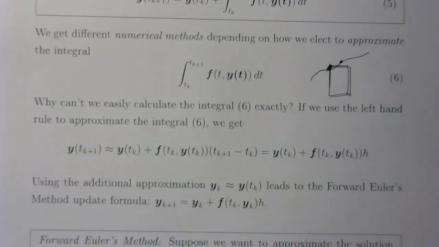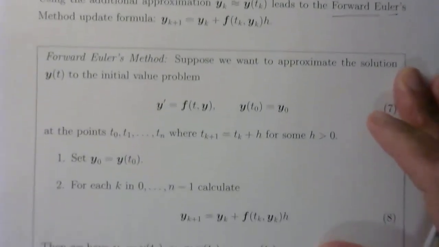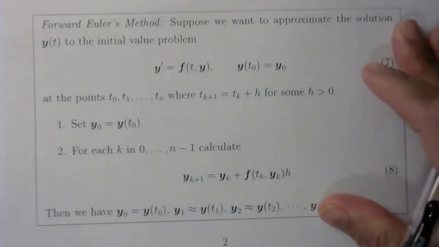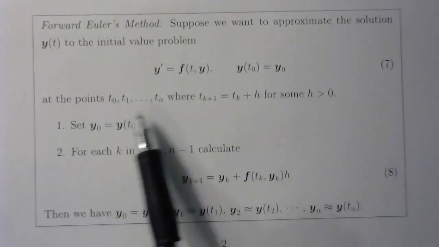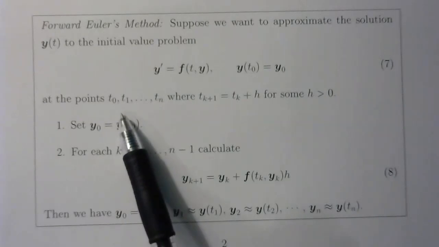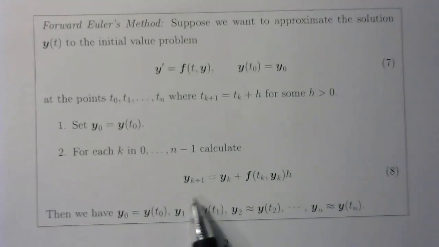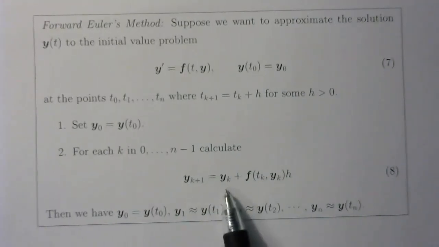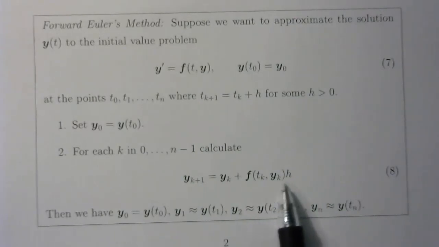If I do that, we get a method that we call the forward Euler's method. So in the box here, you can see forward Euler's. If I want to approximate the solution to this initial value problem at these certain discrete time points, t0, t1 up to tn, with the step size of h, I set my initial condition, and I just say that y at k plus 1 is y at k, the kth step, plus this area of the rectangle, right?